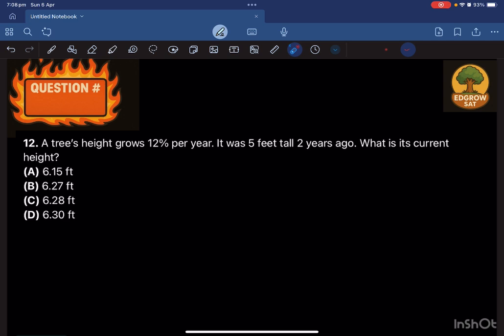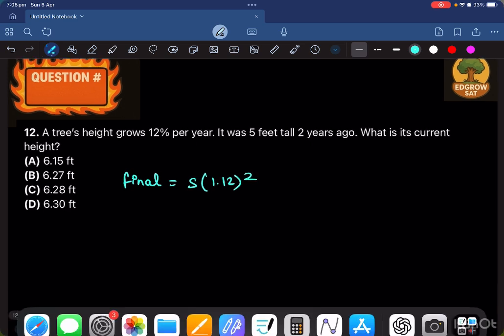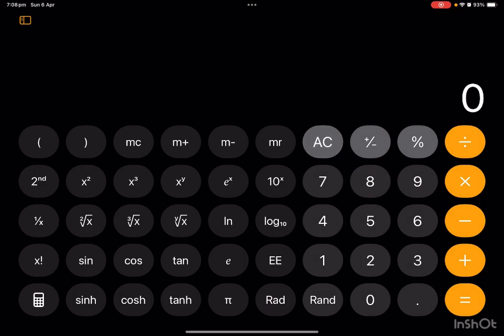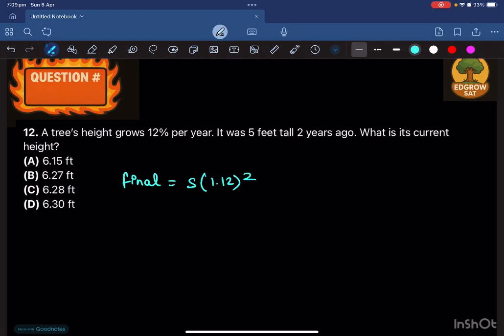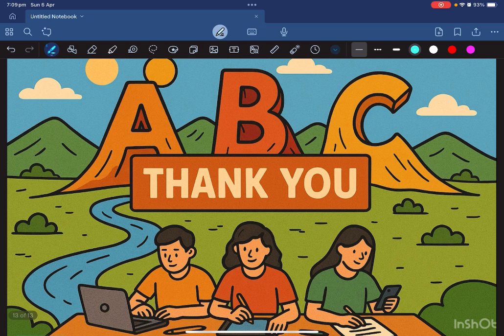So we have to find the earlier value: 5 divided by 1.12 squared, which gives 6.272. Yeah. So try the questions which I have given in your homework.